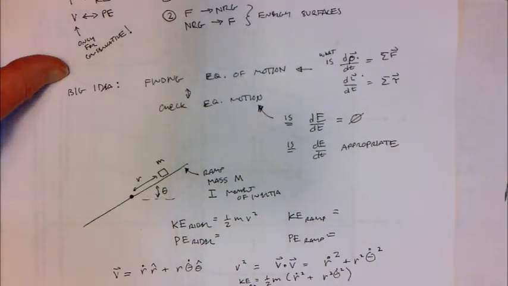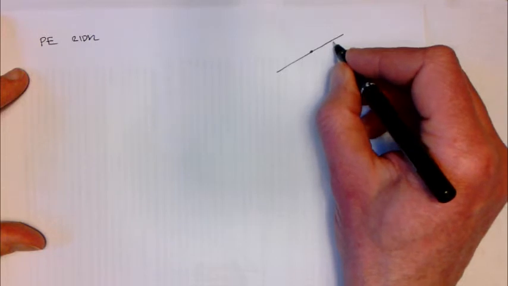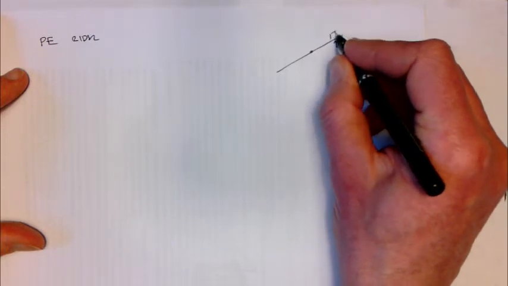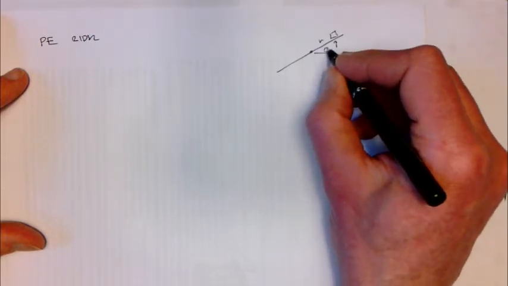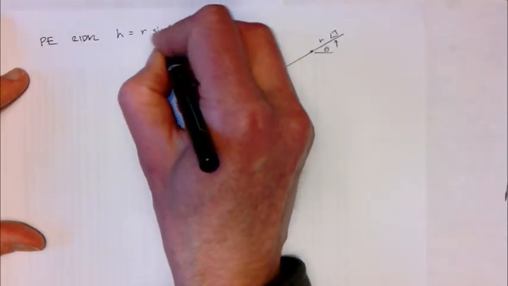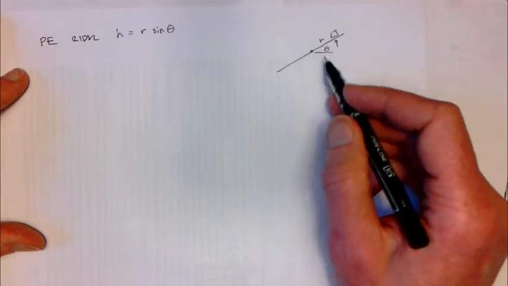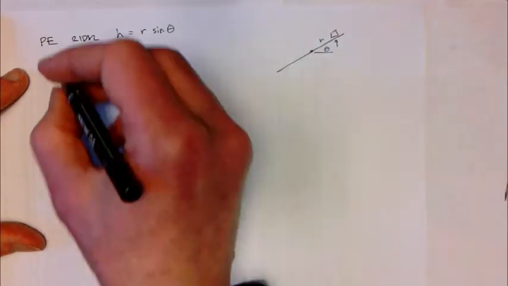I can also think about what my potential energy is for the rider. But first I need another piece of paper. So if I think about my potential energy for the rider, well, pretty clearly this height that the rider is at will be r times the sine of theta. I'm going to assume that I'm including the gravitational interaction as part of the system, so there's energy stored in that gravitational interaction.